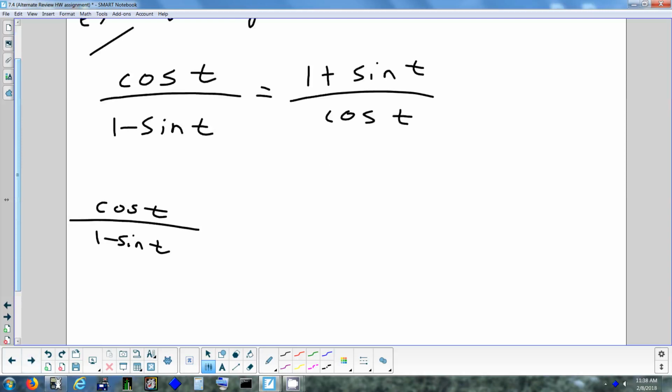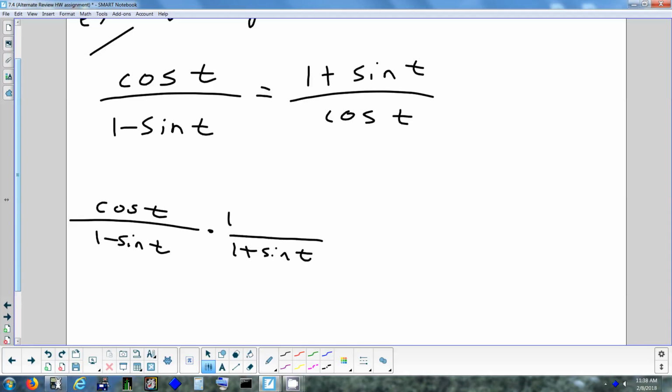And in my head, I'm running through all the tricks. Change to sines and cosines? Nope, it already is. Find a common denominator? Nope, I only have one fraction that I'm working with. So the only trick I have left is to try the conjugate. What's the conjugate of 1 minus sine? 1 plus sine.